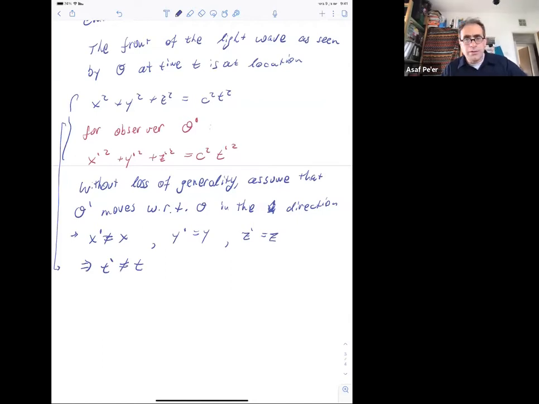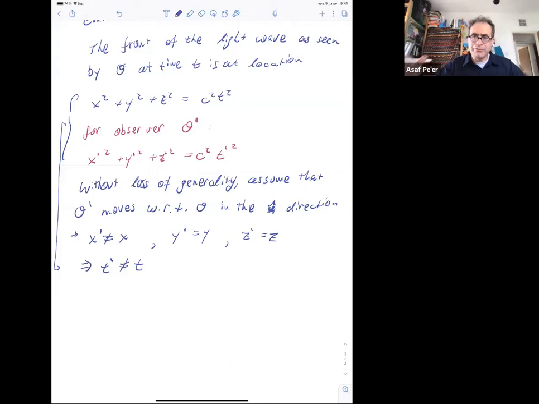So time separation is not the same in both frames. What we say is that time is not an invariant quantity. Two observers observe the time difference between two events. What I really measure here is the time difference. The first event was that the photon was emitted, and the second event was that the photon was observed.